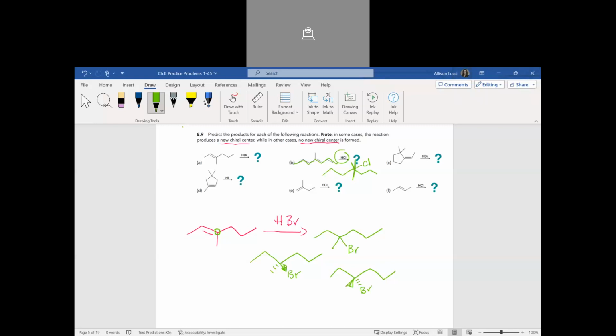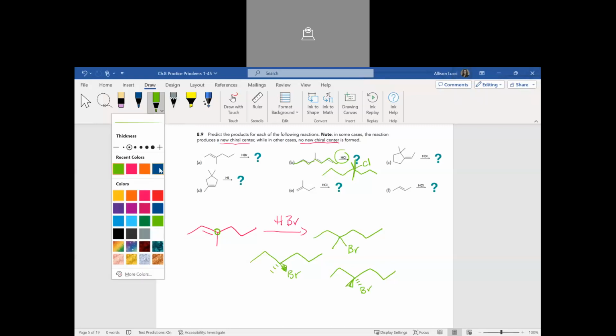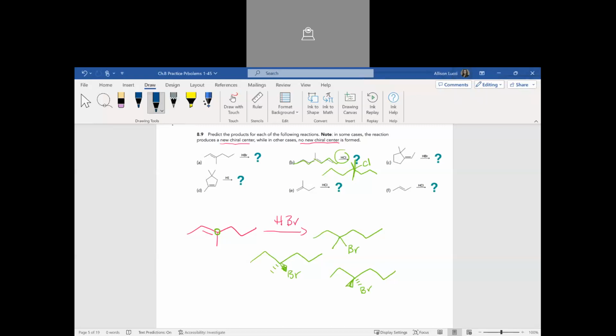When we look at problem C here, we will again create a chiral center. So let's take a look here. We're going to start with this structure, so we have our two methyl groups, and we have our double bond coming out here.